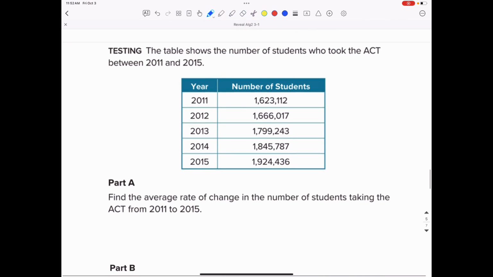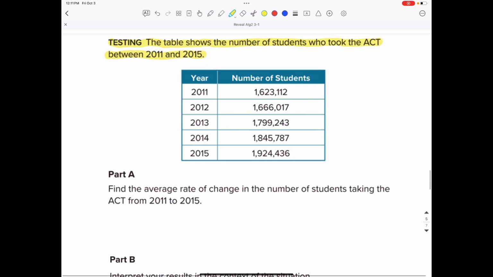Let's try another one. This one is based upon a real-world problem, testing. The table shows the number of students who took the ACT between the years 2011 and 2015. Part A, find the average rate of change in the number of students taking the ACT from 2011 to 2015. So we're doing from 2011 to 2015, and that means the numbers we're going to be looking at are this row, and 2015 would be the bottom row.